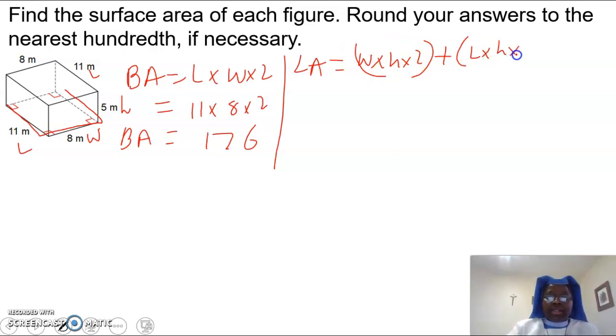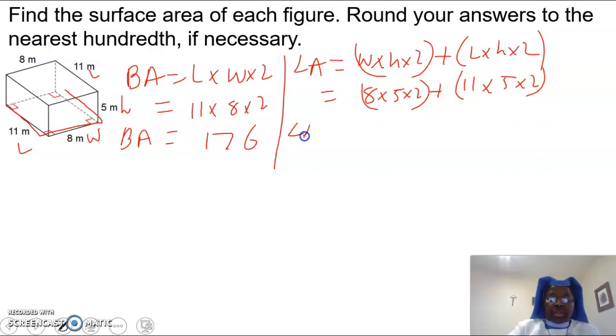And then the lateral area is going to be the width times height, again times 2, plus the length times height times 2. So it's going to be 8 by 5 by 2 plus 11 by 5 by 2. That is going to be just 80 plus 110.